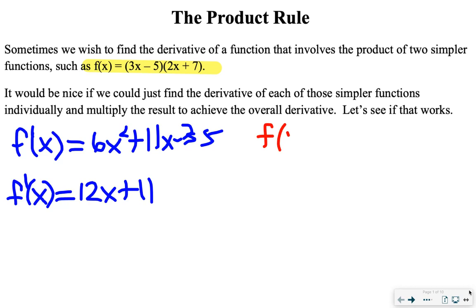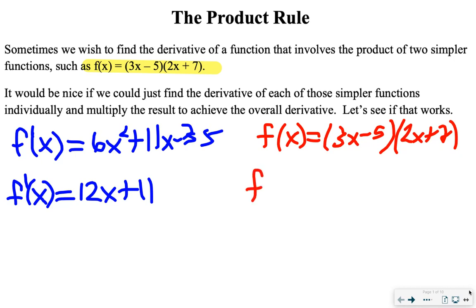So if I have my f of x is 3x minus 5 and 2x plus 7, let's take the derivative of each of those and see if this works. The derivative of 3x minus 5 is just 3.